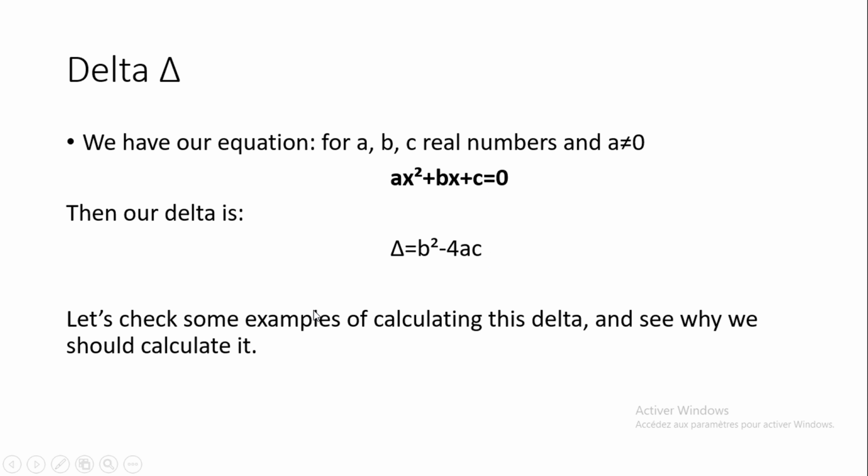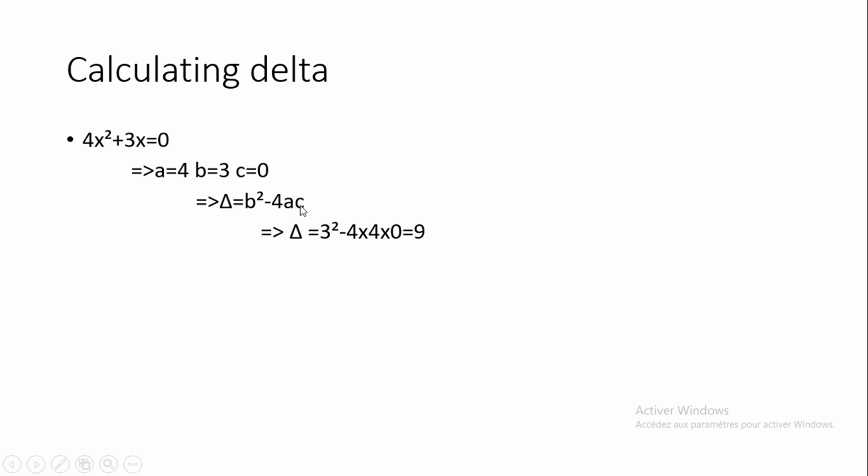Let's check some examples of calculating this delta and see why we should calculate it. Calculating delta, we take our first example, 4x squared plus 3x equals 0. Our a here is 4, our b is 3 and our c is 0. We said that delta is b squared minus 4ac.